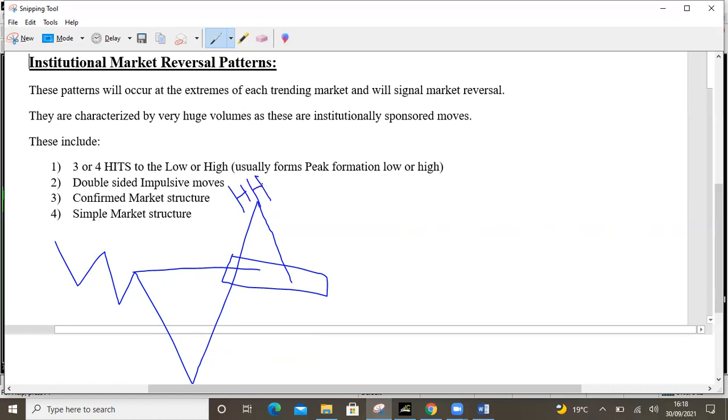Once you have the first higher high, you'll be expecting the market to either retest the fair value gap or the imbalance on this impulsive move. Remember, an impulsive move is a very huge move with very huge candlesticks. So it will retrace back to retest an imbalance.